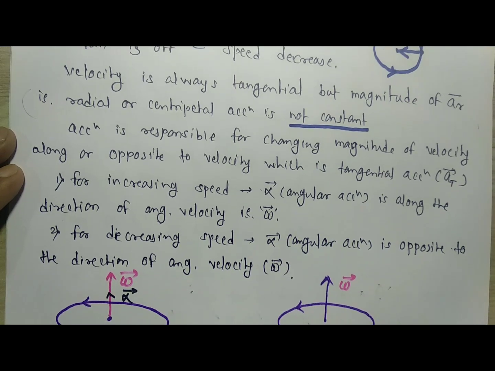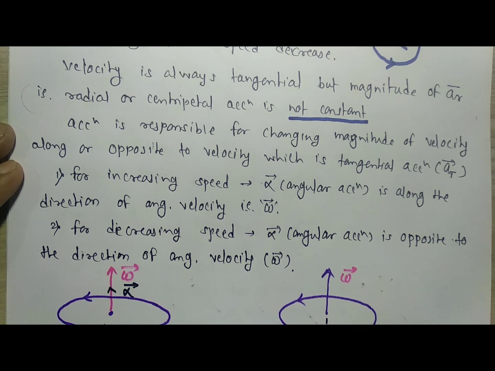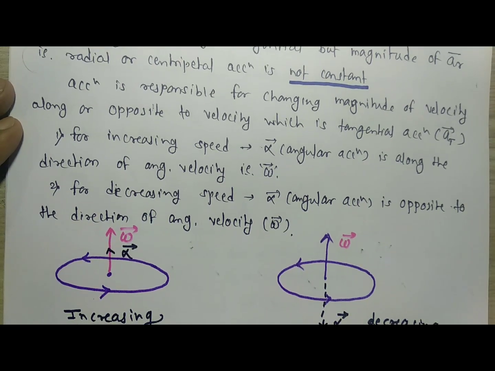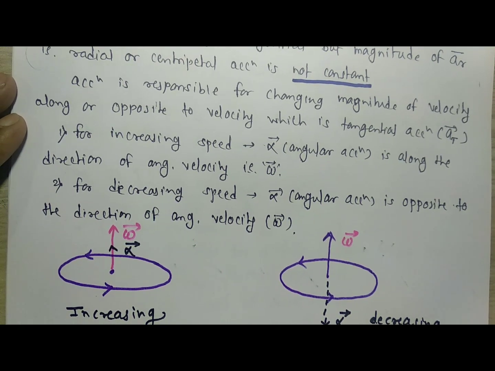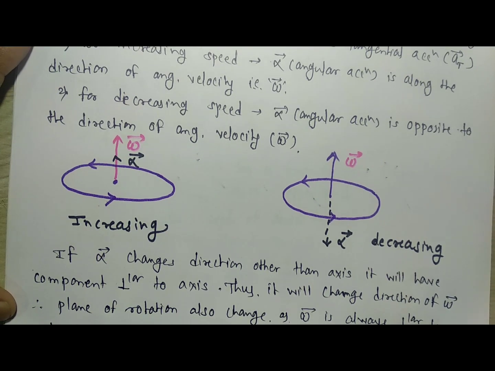Here the angular acceleration is along the angular velocity if the speed of the particle increases, and opposite to the angular velocity if the speed decreases, which is shown inside the figure.